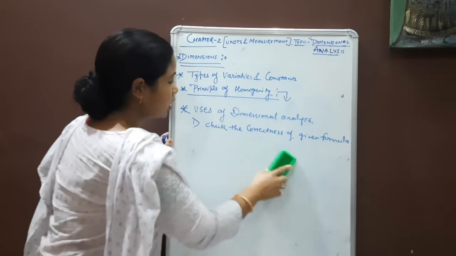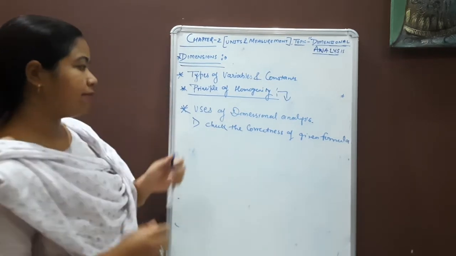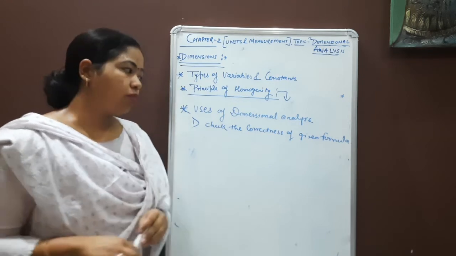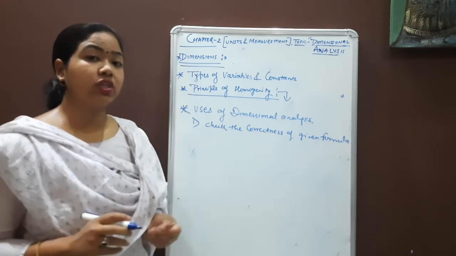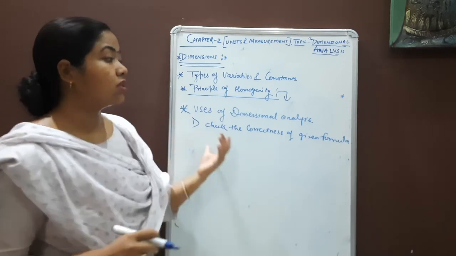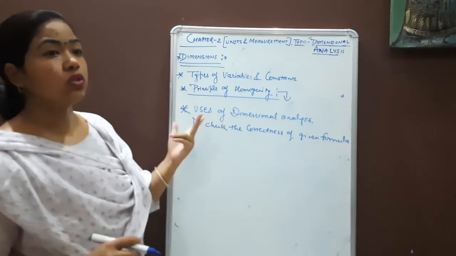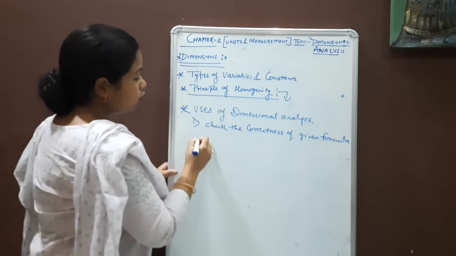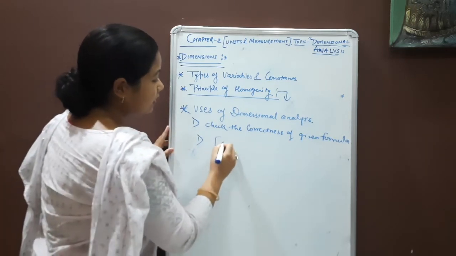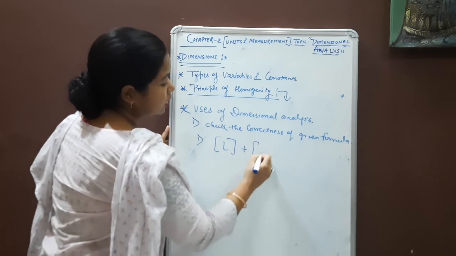Very first, the first application: to check the correctness of the given formula or relation. How will we check it? Before starting this application, always remember two things whenever we are talking about dimensions. We cannot add or subtract the dimensions of 2 physical quantities.